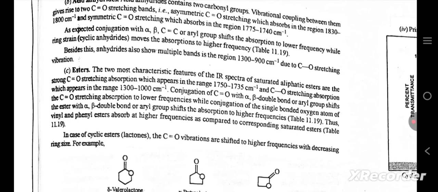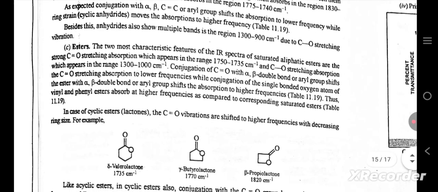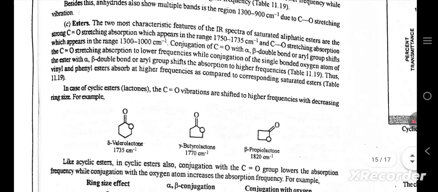As expected, conjugation with alpha, beta C=C or aryl groups shifts the absorption to lower frequency, while ring strain in cyclic anhydrides moves the absorption to higher frequency. Besides this, anhydrides also show multiple bands in the region 1300 to 900 cm⁻¹ due to C–O stretching vibration.